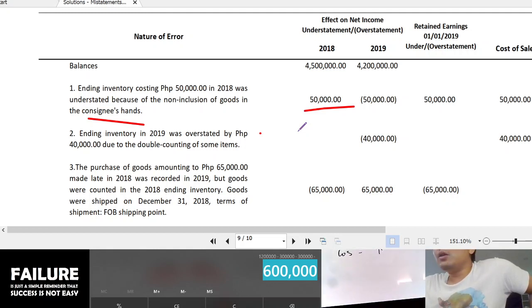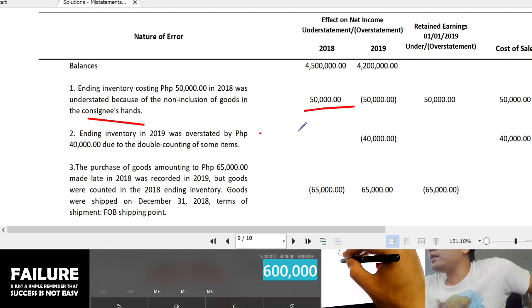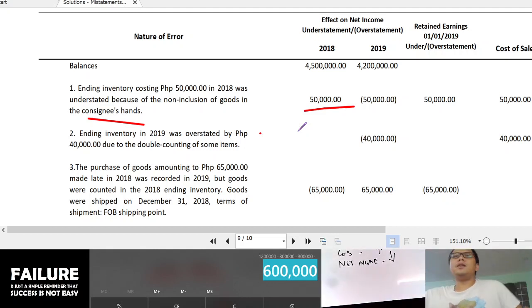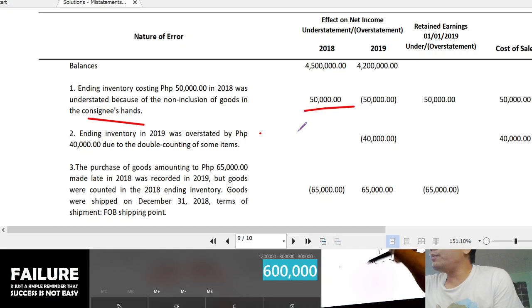Overstated. Kung overstated yung cost of sales natin, ano yung effect sa net income? Understated. Di ba? So again, pag ending inventory is understated, yung cost of sales natin is overstated. Pag overstated yung cost of sales natin, yung net income is understated.